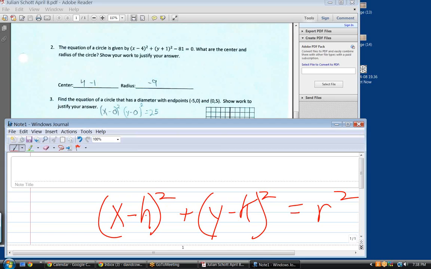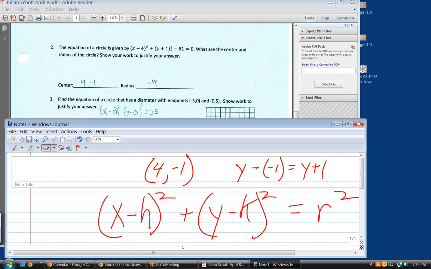Oh yeah, so +4? Yes, so the x coordinate is 4. What's the y coordinate? +1? No, again, it's got to be -1. If it was y minus a -1, that turns into y plus 1. So when you see y plus 1, you basically want to take the opposite sign of that number. So it's -1.